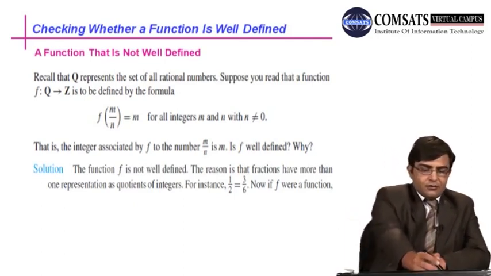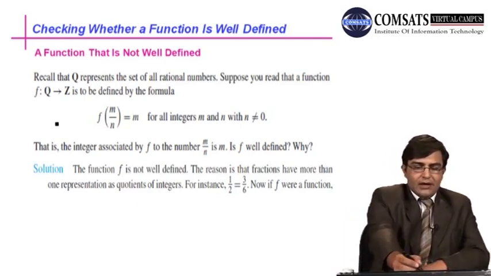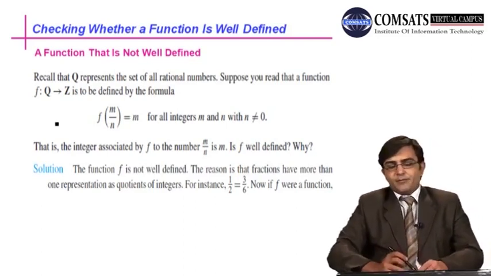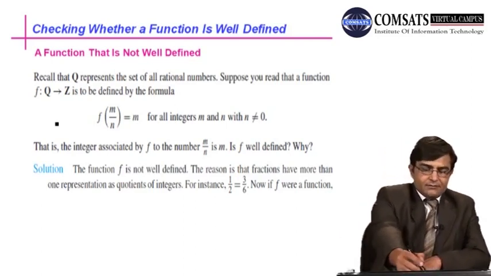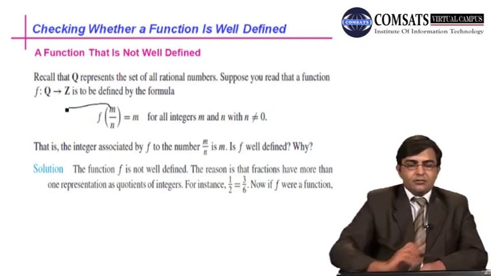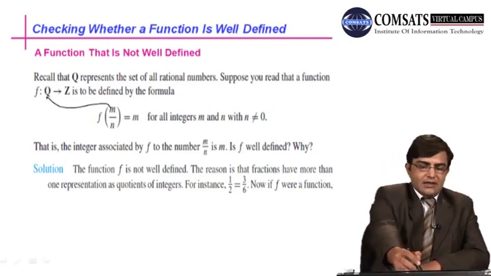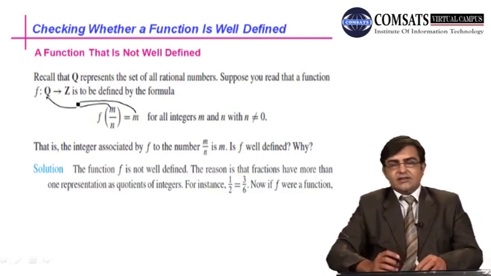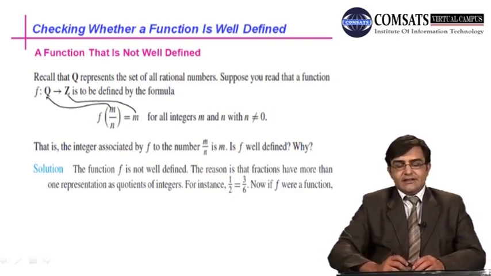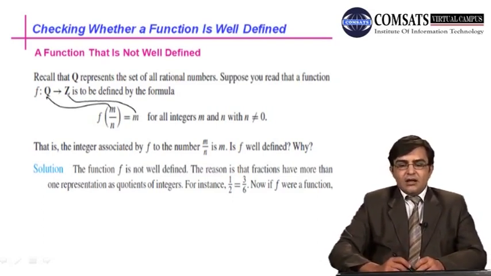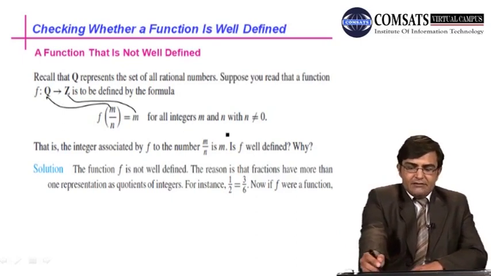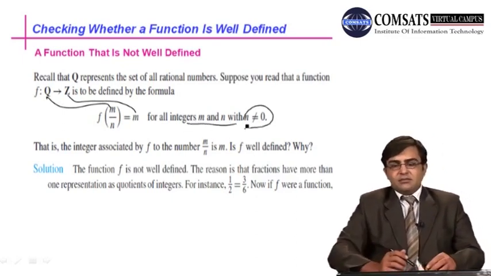We define a function from Q to Z by f of m by n is equal to m, where the first element is an element of Q, the set of rational numbers, and the second element is of the set Z of integers, for all integers m and n, with n different from 0.